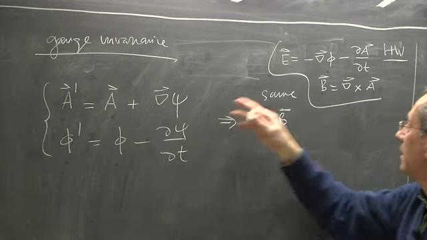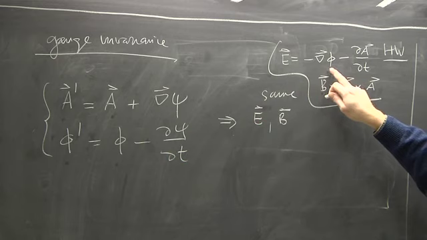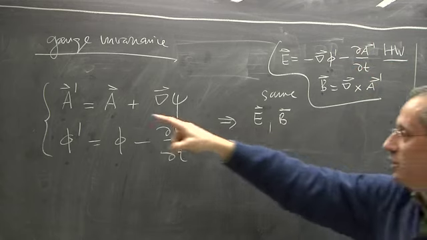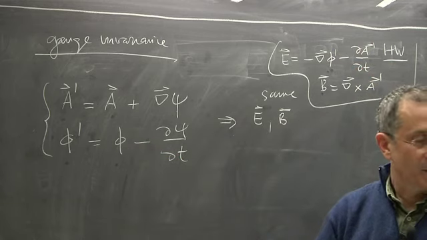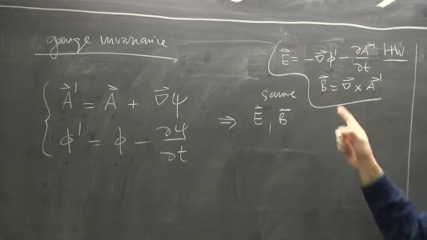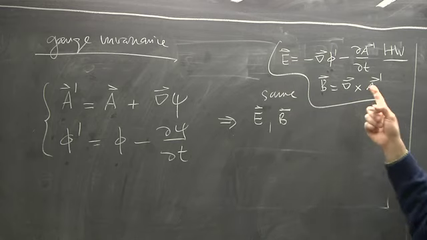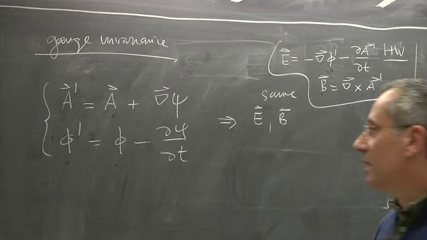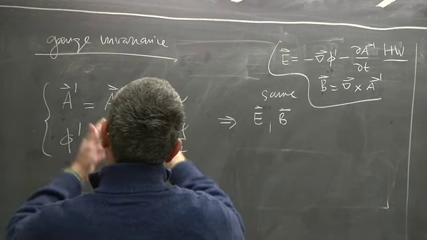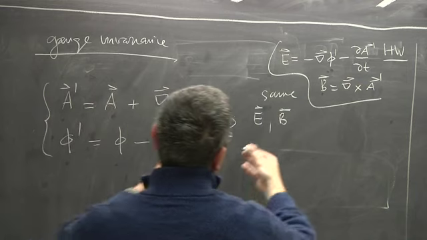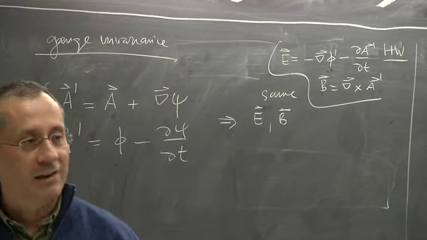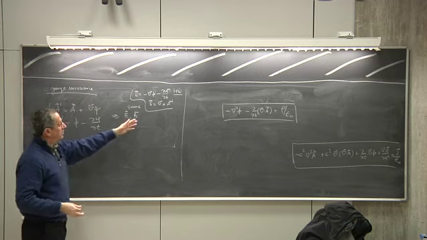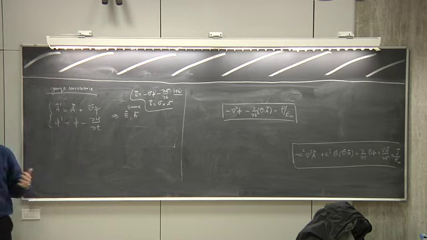You replace here the primes, you plug in these, I mean, it's one line to prove it, and you get exactly the same E and B. So that's why it's called gauge invariance, because I can reshuffle these fields by this transformation, and I get the same E and B. And since I do not measure the potentials, but I measure the fields through the Lorentz force, I get the same physics.